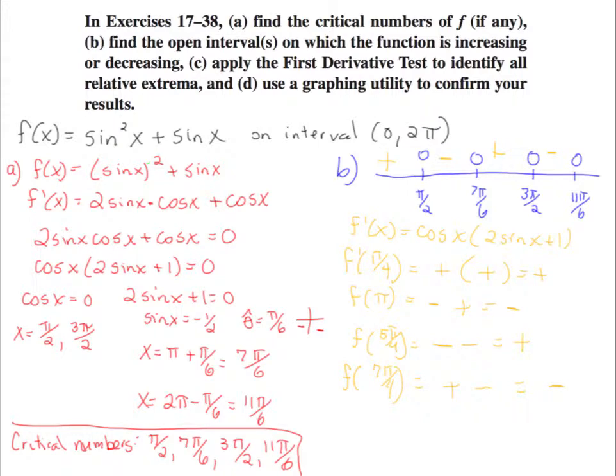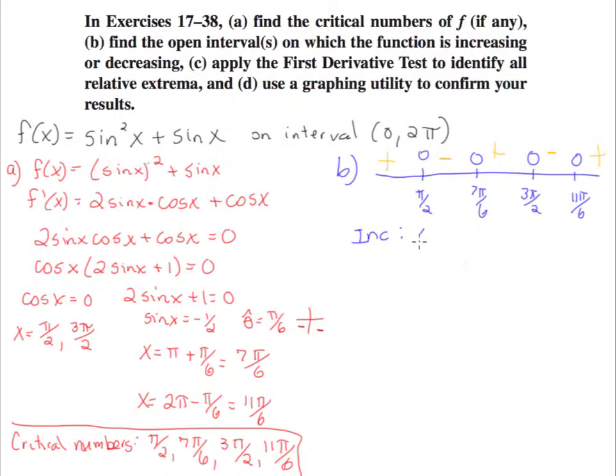Remember, it's only on the interval from 0 to 2 pi, so for my last one, something greater than 11 pi over 6 but less than 2 pi, I'm going to use degree measure. Let's go to, say, 350 degrees. So cosine of 350 degrees is a positive value, and 2 times sine of a positive plus 1 is a positive, so that last interval is also positive.